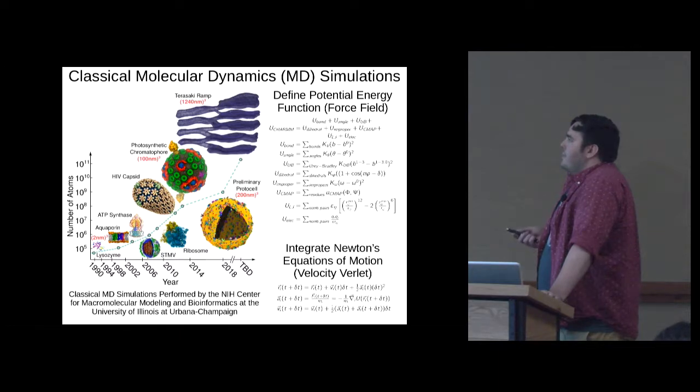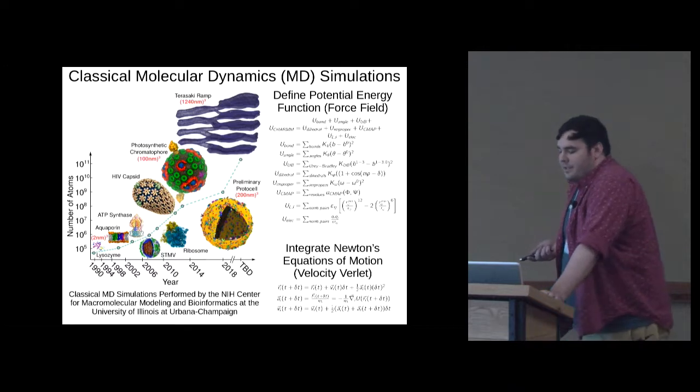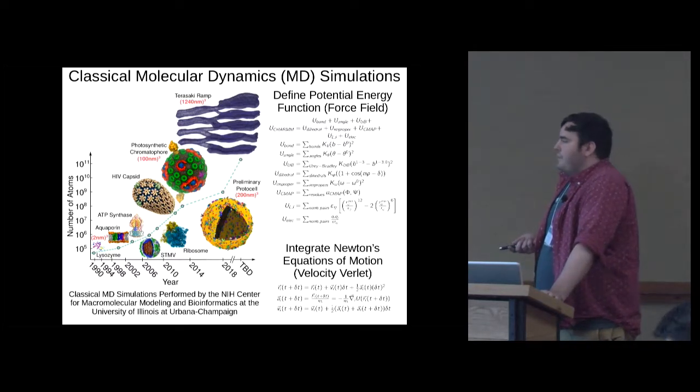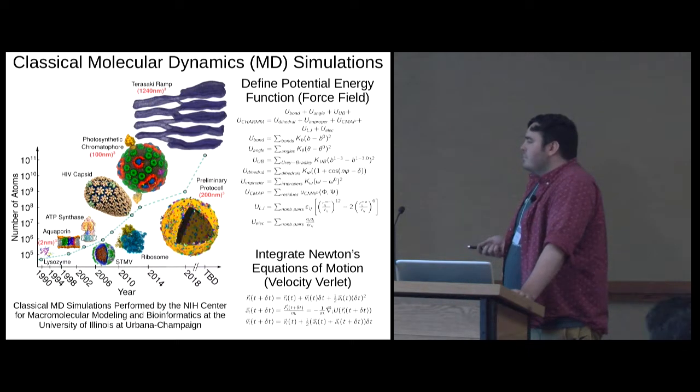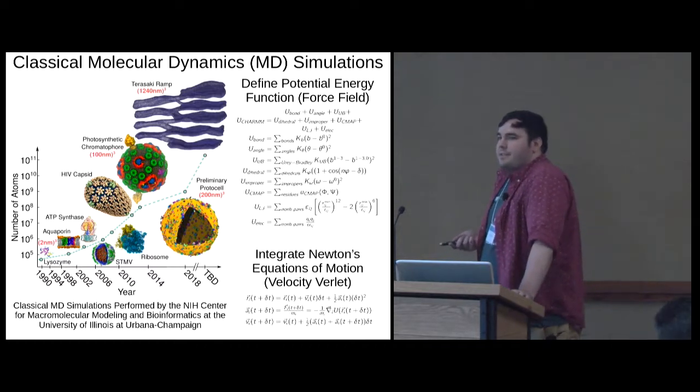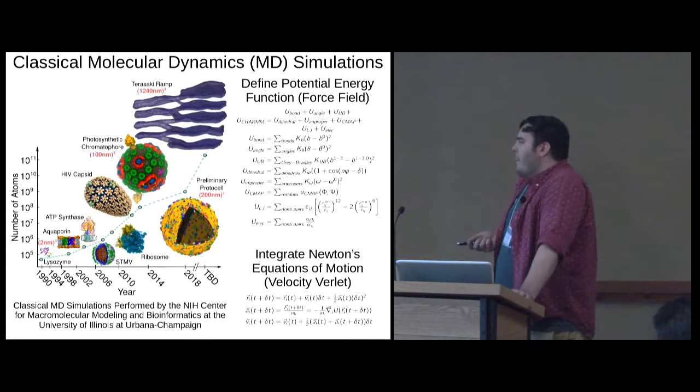There are terms to describe bonds, angles between bonds, dihedrals, etc. And using this potential energy function, as well as the initial position of the atoms in your system, you can iteratively integrate Newton's equations of motion and throughout time obtain, for all the atoms in your system, updated accelerations, velocities, and positions.